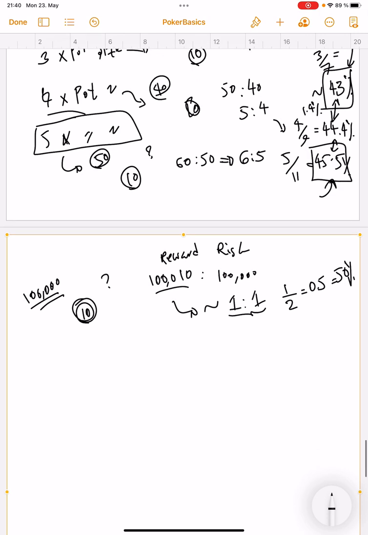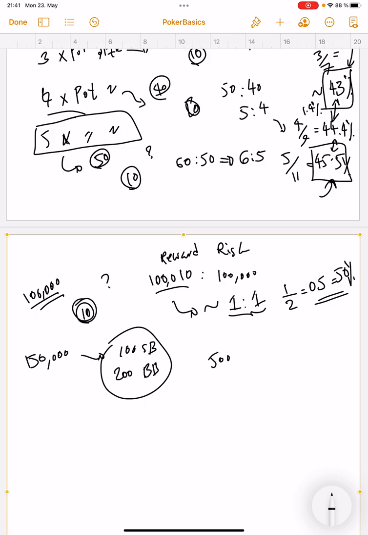See, so at the most extreme cases, for example, suppose that you are starting with a stack of 150,000, and the blinds are, the small blind is 100 and the big blind is 200. So in such a pot, when they start small blind, big blind, then normally it will be, I don't know, 300, and if some people call, it will be like 500 or something like that.